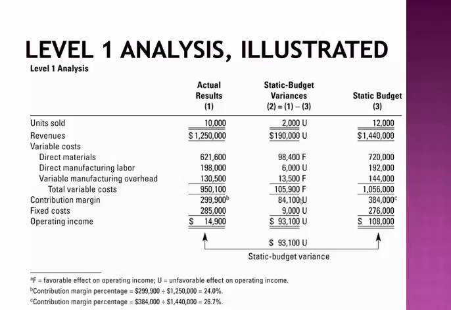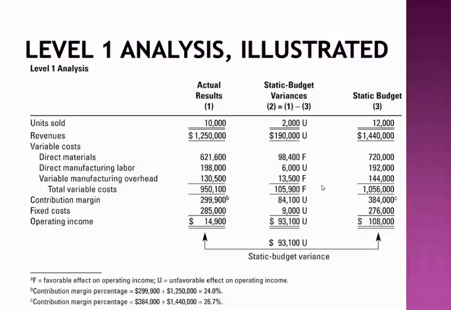We can calculate our contribution margin. You guys know that it's revenues minus variable cost for contribution margin. So we can see that our contribution margin is $1,250,000 minus the total variable cost to give us $299,900 versus the $384,000 over here. Therefore, this contribution margin is less than 384.